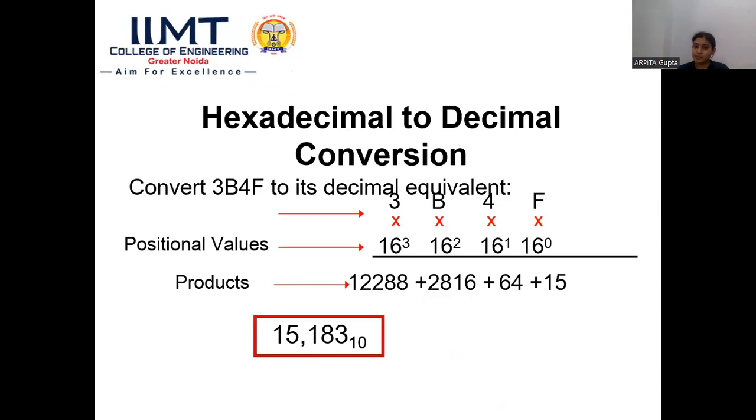Now, for hexadecimal to decimal conversion, we use a multiplication algorithm again, but with the positional values with base 16 from right to left, and then add up all the products we get and write the final answer. And if we want to convert this decimal back to hexadecimal, then by using the division algorithm, we get the same answer for this decimal number.